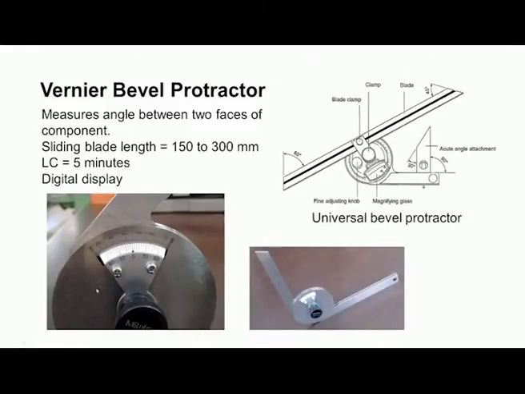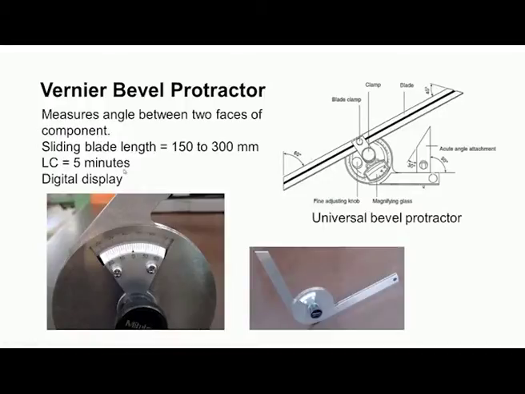Now, this is the body which contains the rotary scale as well as the vernier, and then there is a clamp to clamp the blades at any desired angle. This shows the full view of the bevel protractor. It measures the angle between two faces of a component.